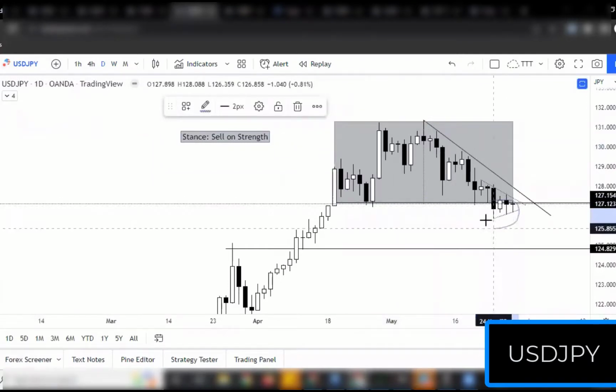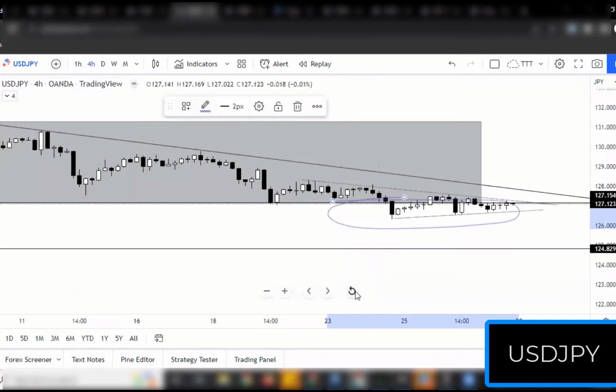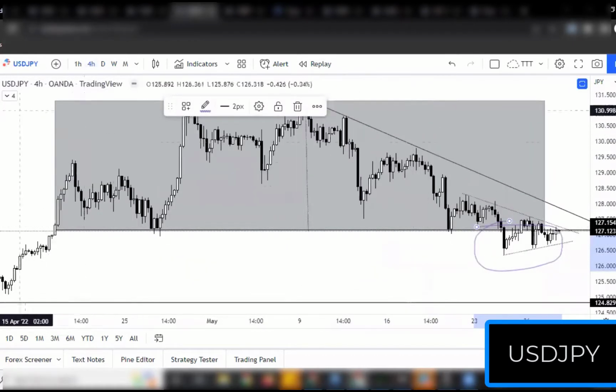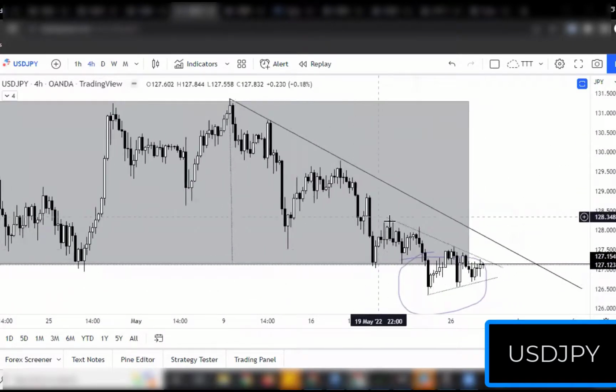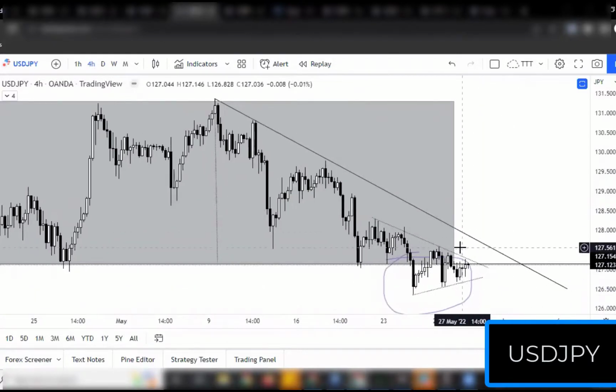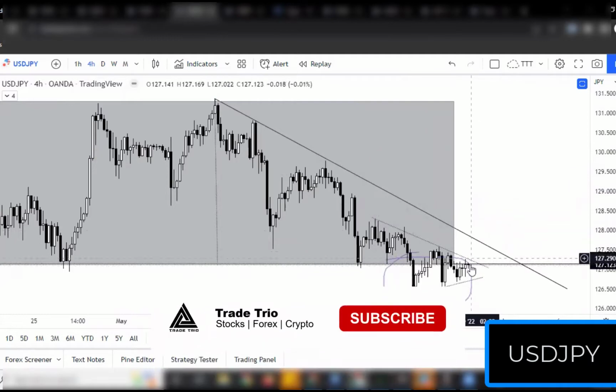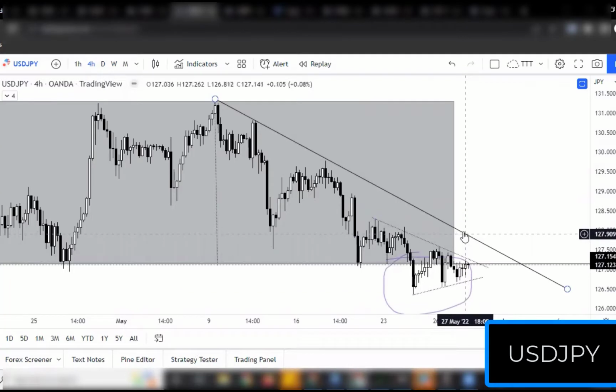And on a shorter time frame, look at that, the price is making lower highs and lower lows, and currently it is in the ascending triangle with a break below should be the target. Your stop loss level should be dynamic according to this falling trend line, and even if you get strength in this pair, try to short it with the stop loss at the trend line or just above this trend line.